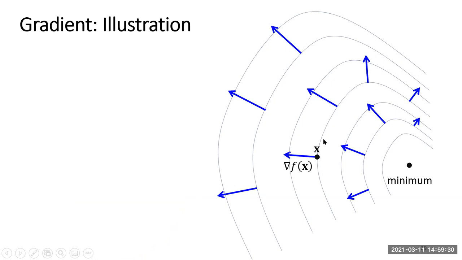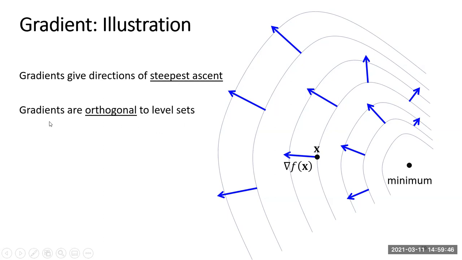And so this del f of x at this point x is orthogonal to this f of x equals constant. So gradients give directions of steepest ascent. And gradients are orthogonal to the level sets, these contours. Okay, any questions so far?